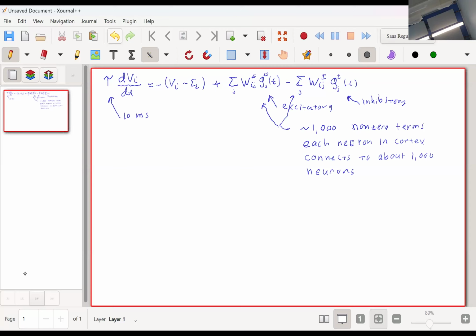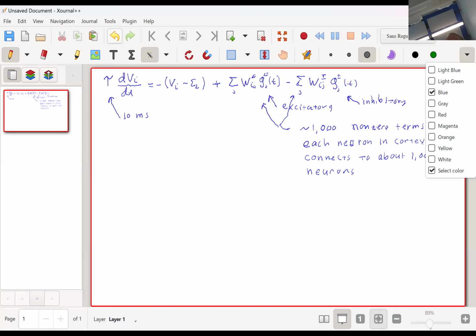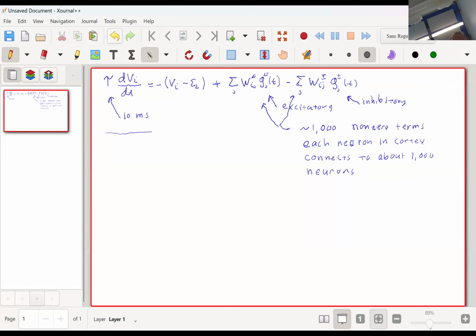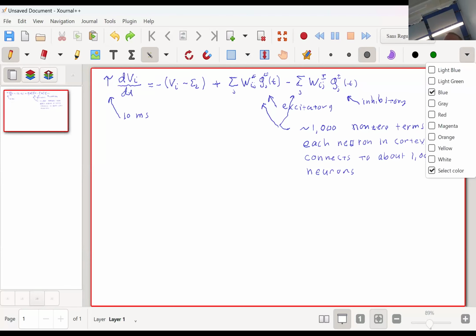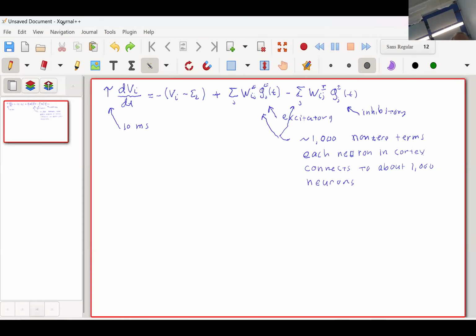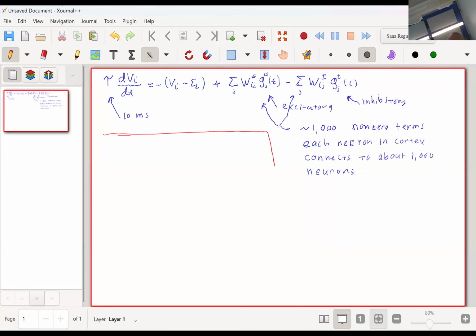Okay, so we started off making some really severe approximations. Approximation one: by the way, we're going to drop all these approximations eventually.